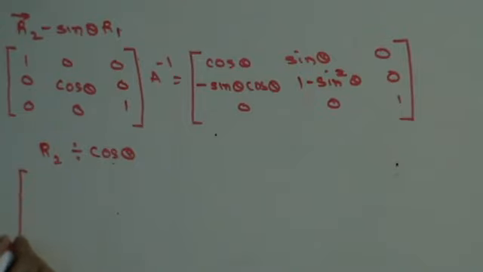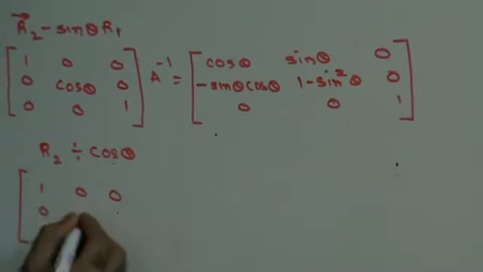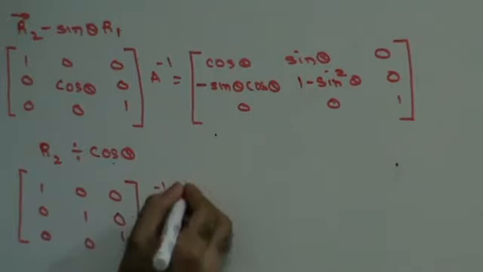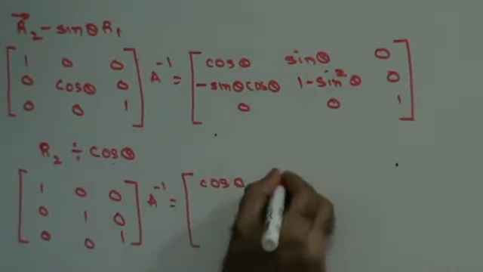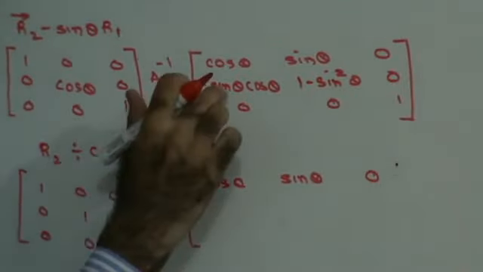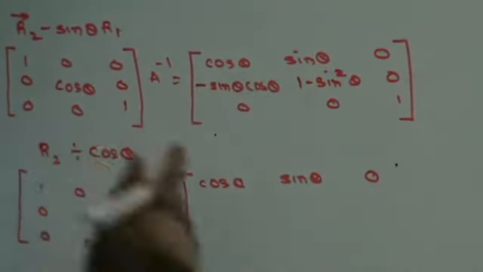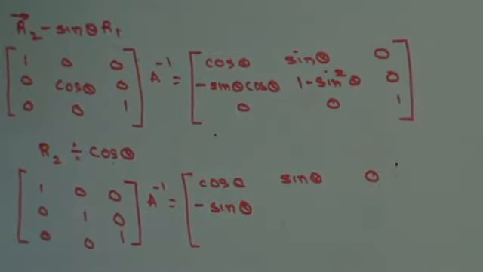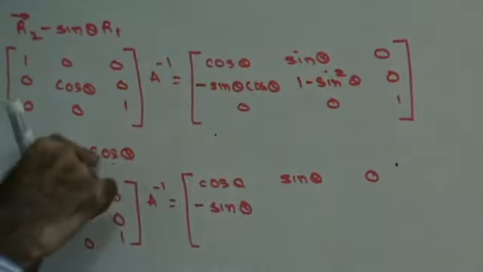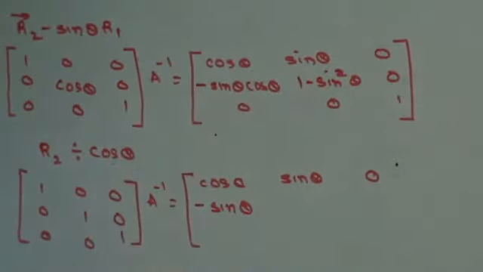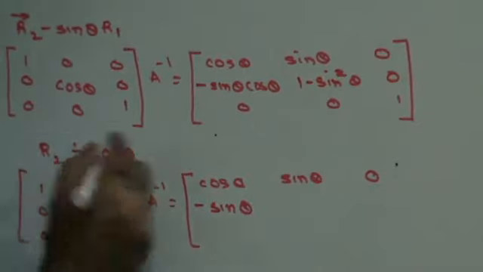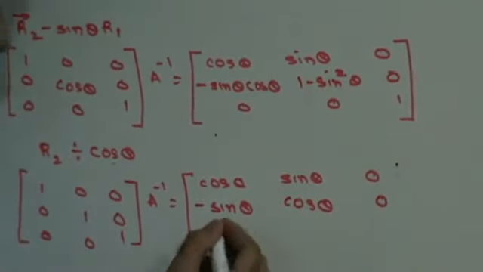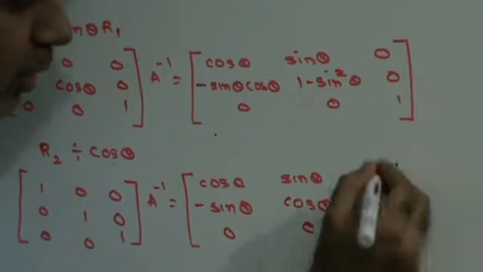If I divide R2 by cos theta, I get the identity matrix 1, 0, 0; 0, 1, 0; 0, 0, 1 into A inverse equals cos theta, sin theta, 0; then minus sin theta cos theta divided by cos theta gives minus sin theta. 1 minus sin square theta is cos square theta, and cos square theta divided by cos theta is nothing but cos theta, 0, and 0, 0, 1.